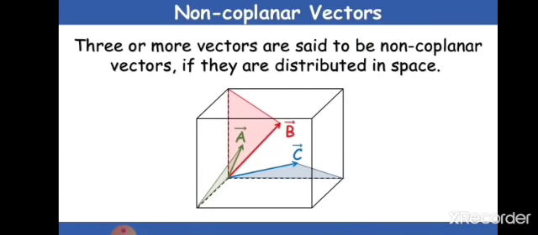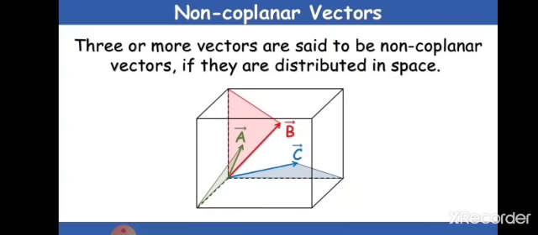Non-coplanar vectors. Three or more vectors are said to be non-coplanar vectors if they are distributed in space, if they are in three-dimensional motion, like in the XYZ plane.